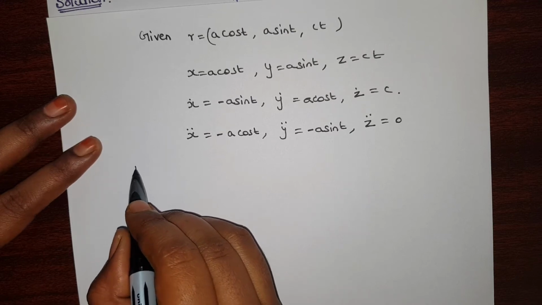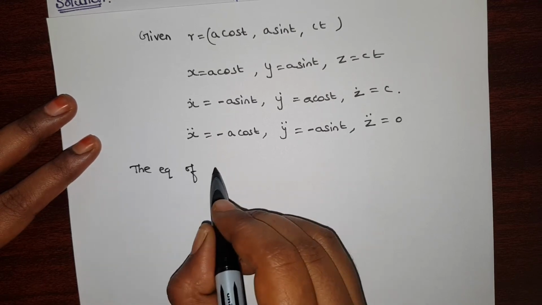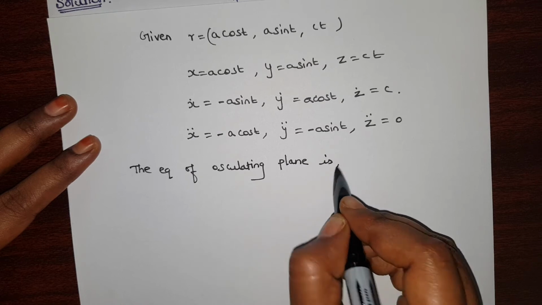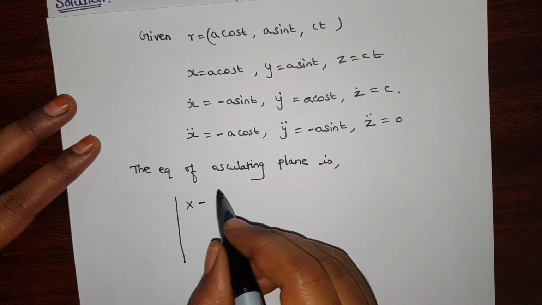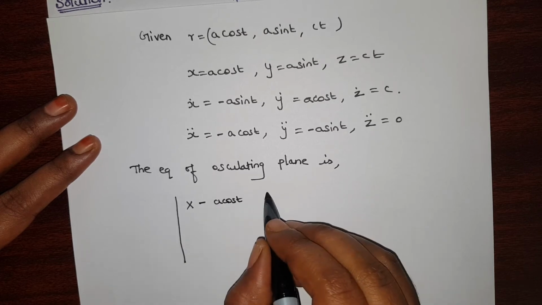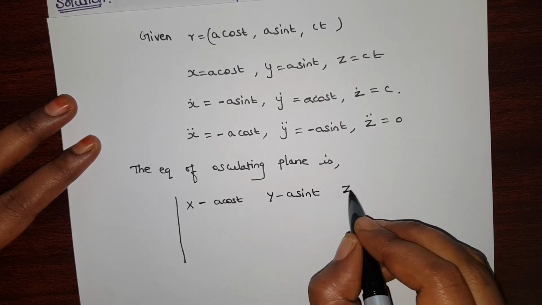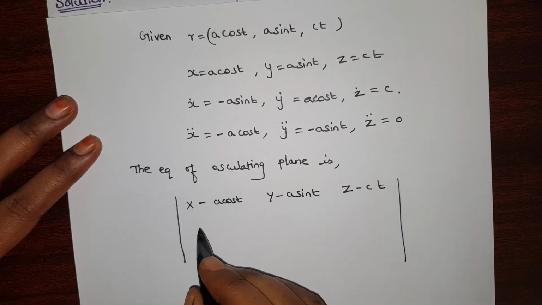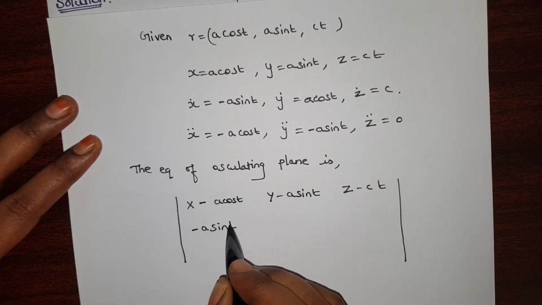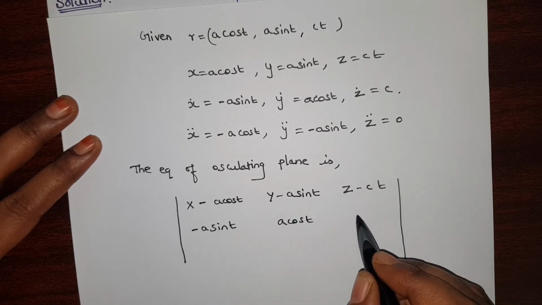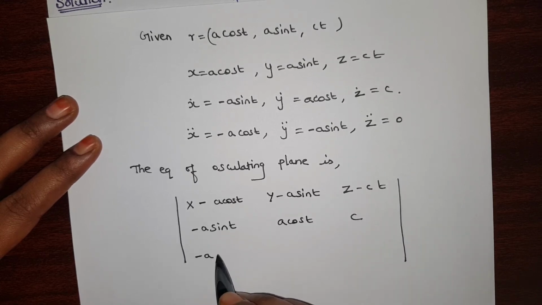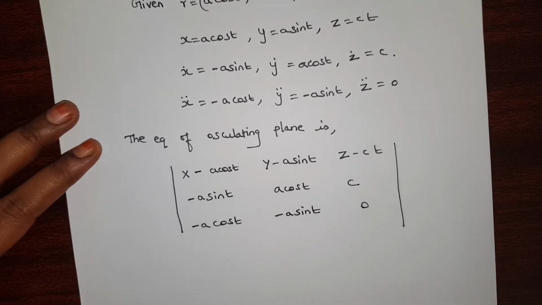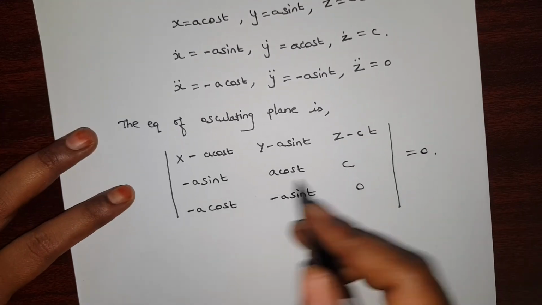Then we substitute this in the formula for the equation of the oscillating plane, which we have seen before. The determinant of [x minus a cos t, y minus a sin t, z minus ct; minus a sin t, a cos t, c; minus a cos t, minus a sin t, 0] equal to 0. We want to simplify this.